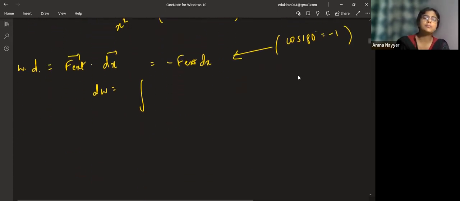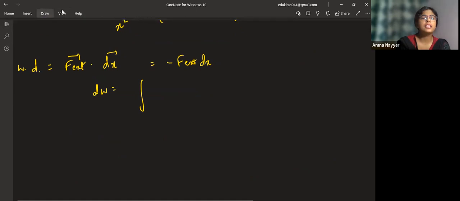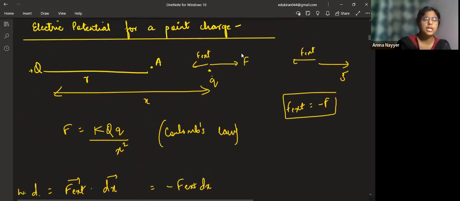Now if you substitute the value, even if you do not put cos 180 degrees, let's say we are considering this force F, bringing the charge towards Q. Let's say the displacement is also towards the left-hand side, and the force is also towards the left-hand side. But why did I take negative then again? Because this is one more relation, that F external is negative of F.